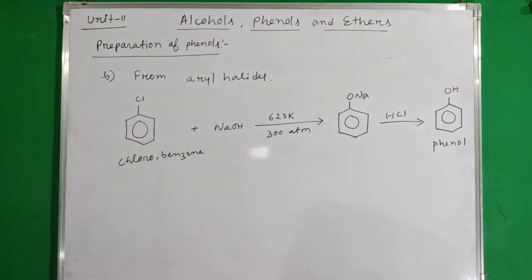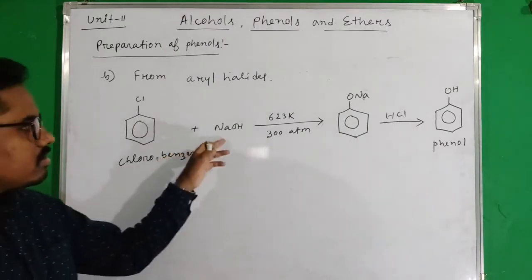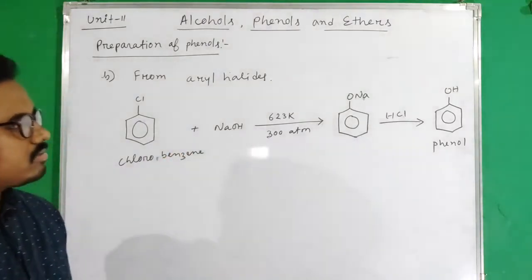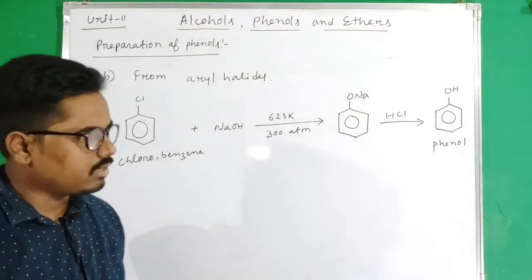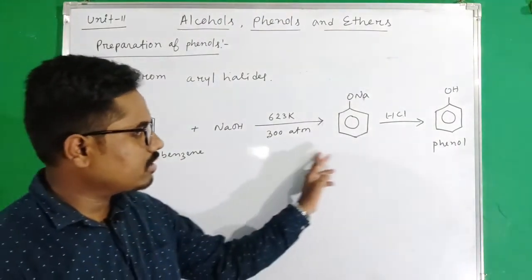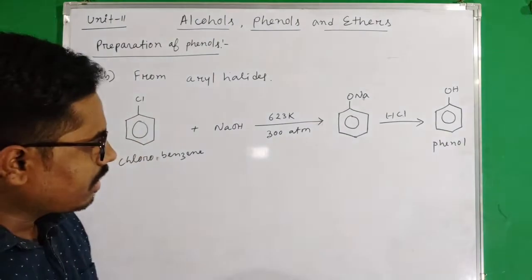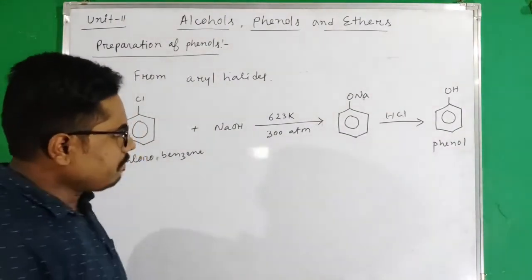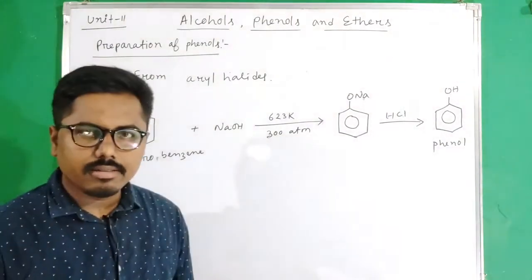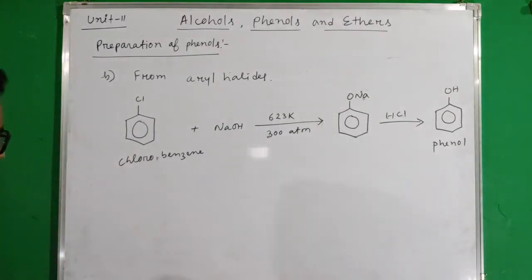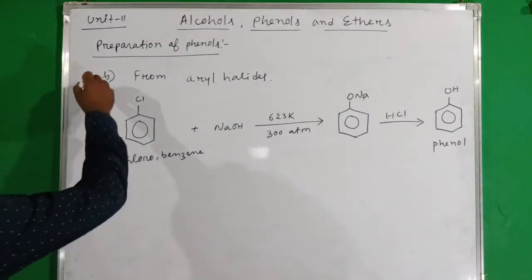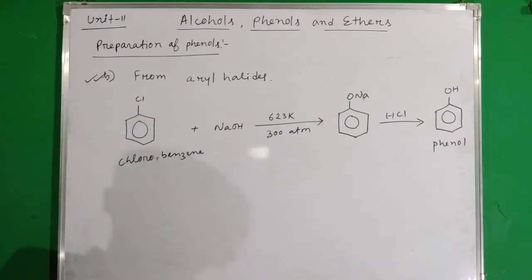Okay, first chlorobenzene is treated with sodium hydroxide at 623 Kelvin temperature and 300 atm pressure, and then chlorobenzene is converted into sodium phenoxide. And the sodium phenoxide is treated with HCl, and then the final product is phenol. So we can prepare phenol from aryl halides also.